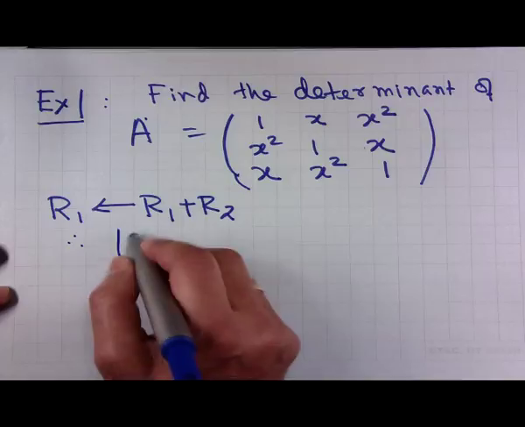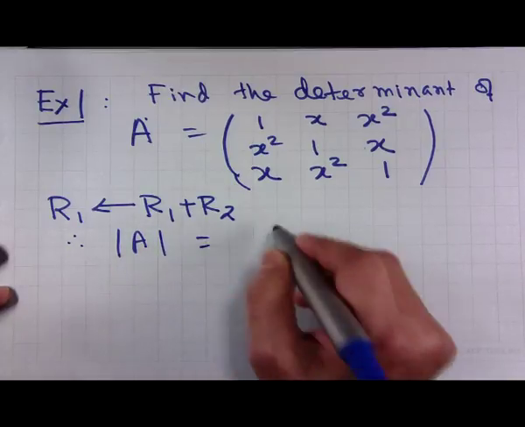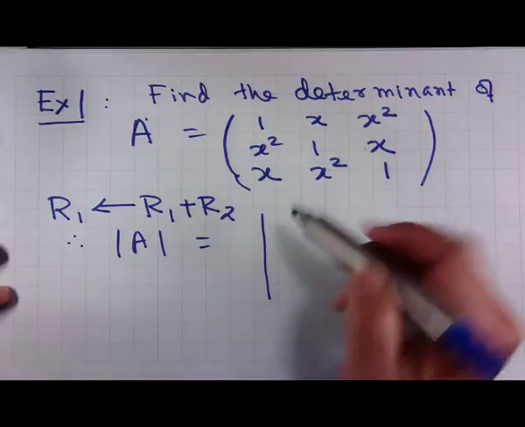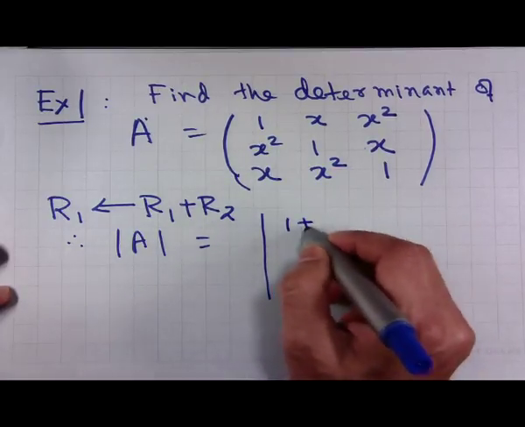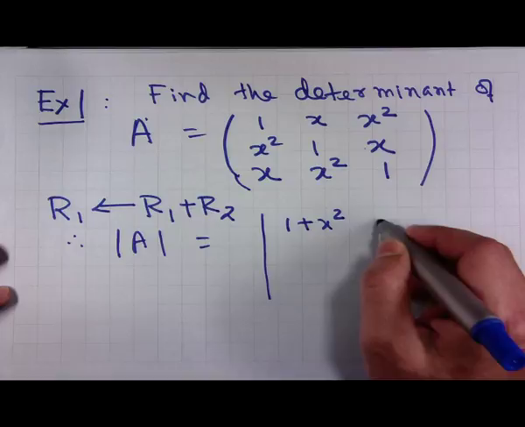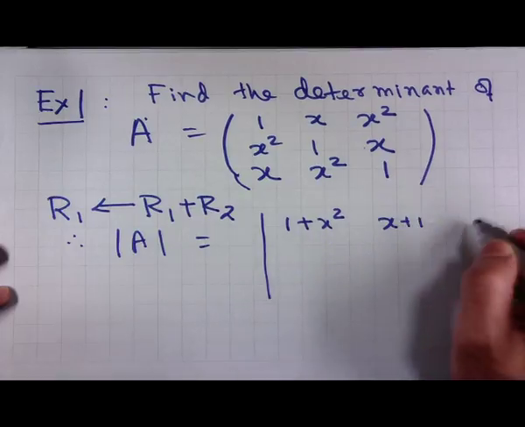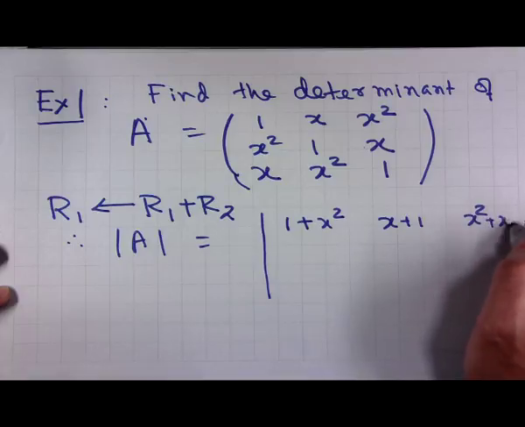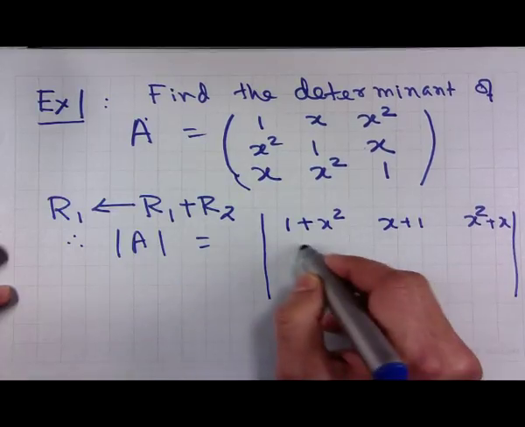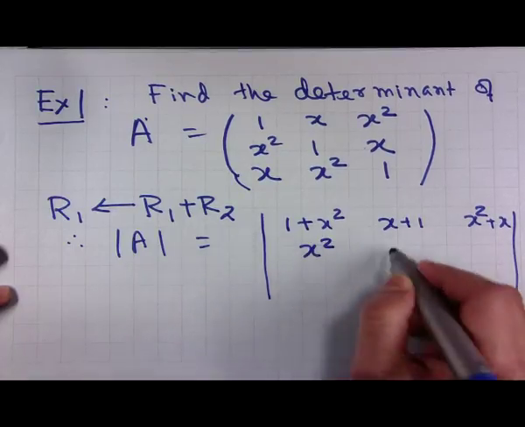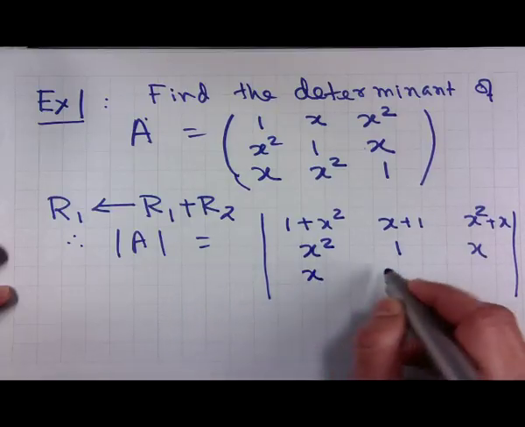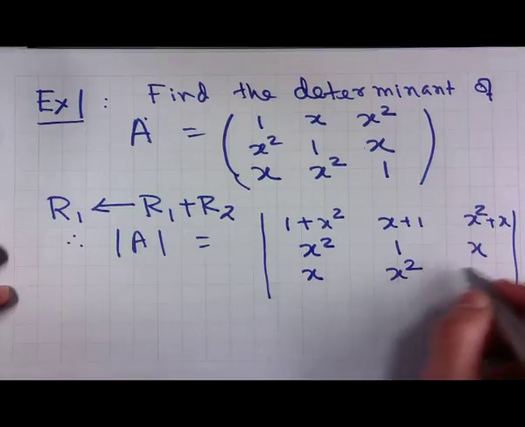Therefore, the determinant of A is equal to the determinant of the matrix where, by adding row 1 and row 2, we find 1 plus x square, x plus 1, x square plus x. Row 2 remains the same, row 3 also remains the same.